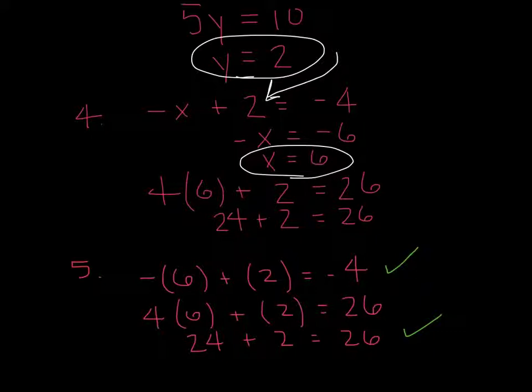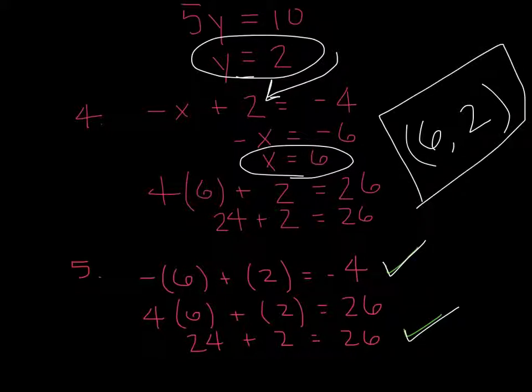Then the last step was to check to see if 6, 2 was the solution. So I plugged a 6 and a 2 in for x and y. Negative 6 plus 2 is negative 4, so that one checked out. And 4 times 6, 24, plus 2 is 26. That also checked out. So 6, 2 satisfies both equations.